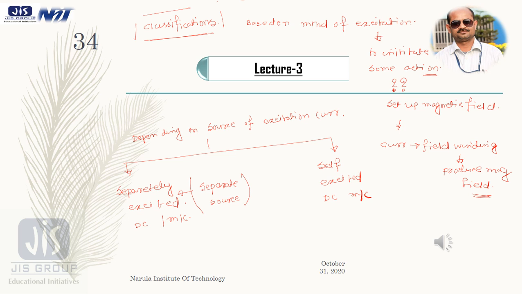And if the exciting current is drawn from the same source, it is called self excited DC machine.